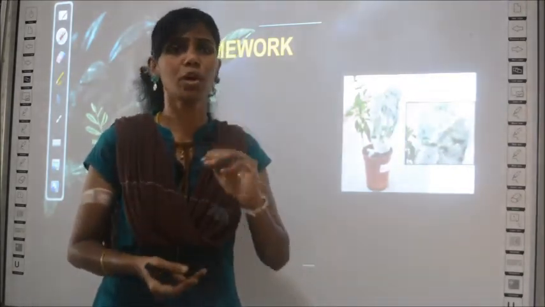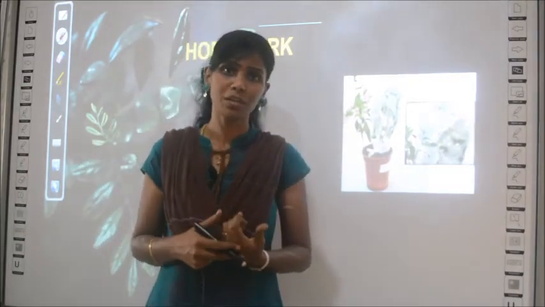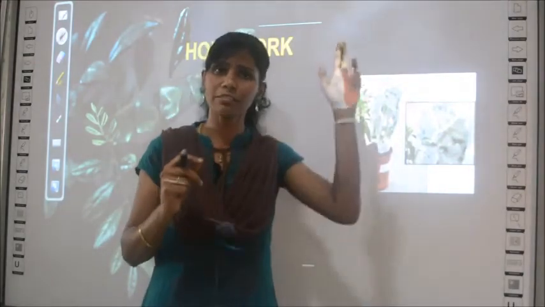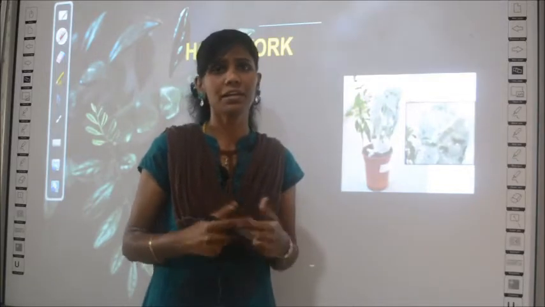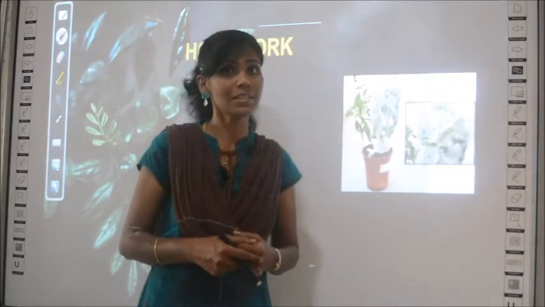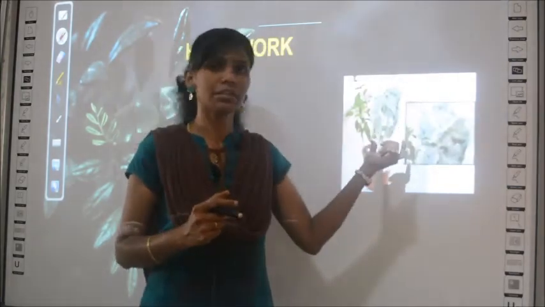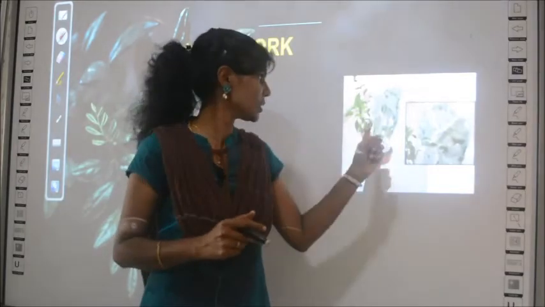If you don't have a small plant, okay, teacher, ma'am, I don't have a small plant at my home, what can you do? If you have a tree also, in any one branch, if the branch is accessible to you, to your height, or if you can get help from the parents also, you can do it with trees also. Any 5 or 6 leaves is enough to cover with the plastic paper. Just cover it and wait for some time, and you can see water droplets.